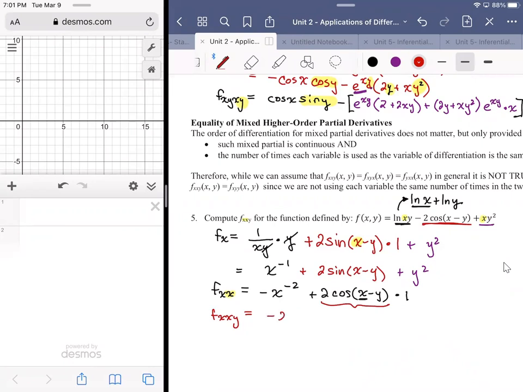So negative 2 sine x minus y. Then we differentiate just the y term with respect to y. We do that in green for consistency. The derivative of negative y would be a negative 1. So this cleans up actually kind of nicely to 2 sine x minus y.